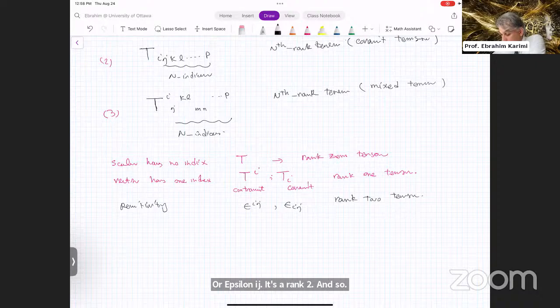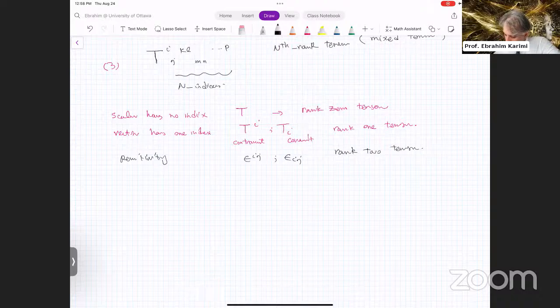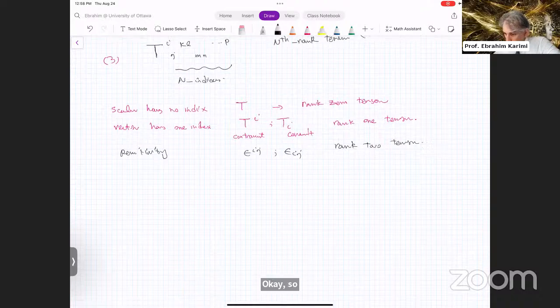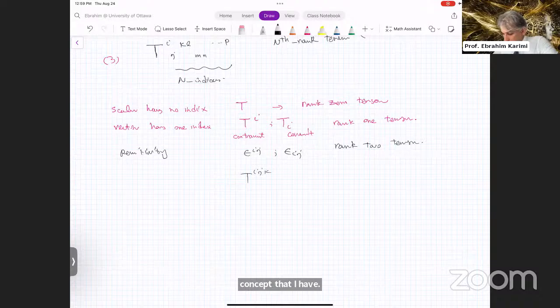Again, covariant or contravariant. Those are the definitions that I have. But don't forget the important concept: I can go with even T ijk or whatever, which is a rank 3 tensor.